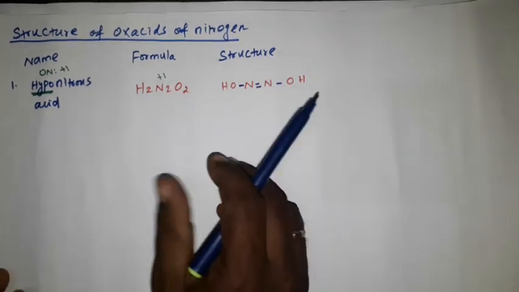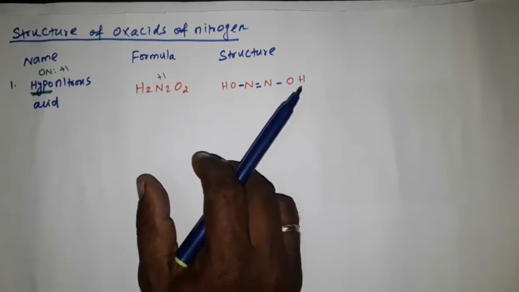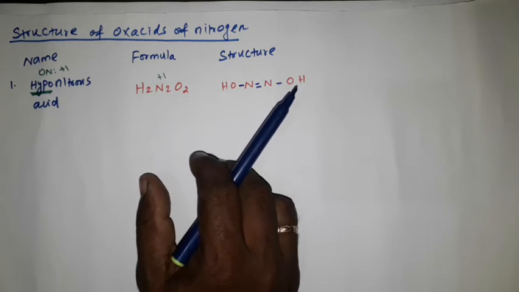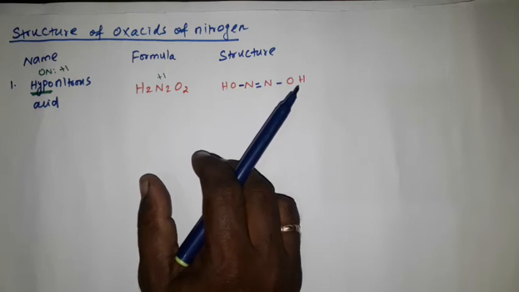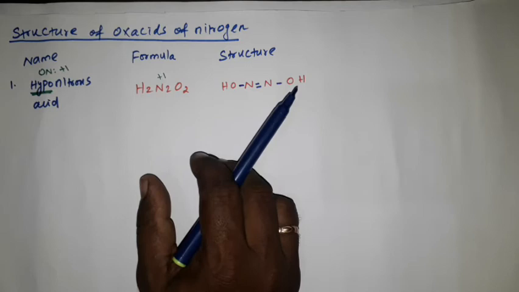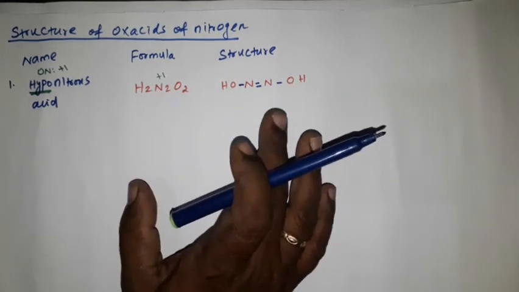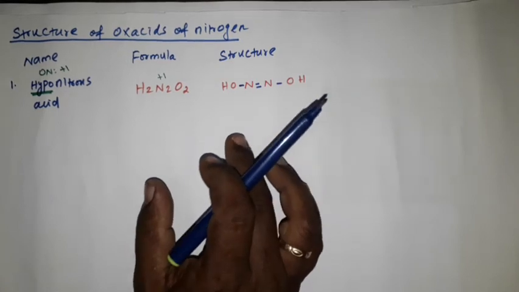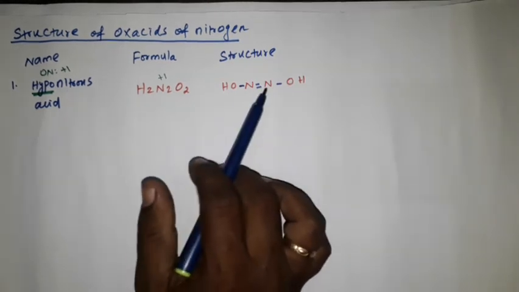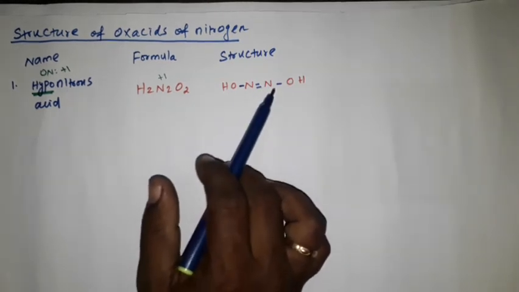Already in that previous topic, structure of oxides of nitrogen, I explained all the structures with Lewis structure. Each and every type I explained with Lewis structure. Here also apply this Lewis structure, you will get this correct diagram. It's very simple. You try, you will get it.